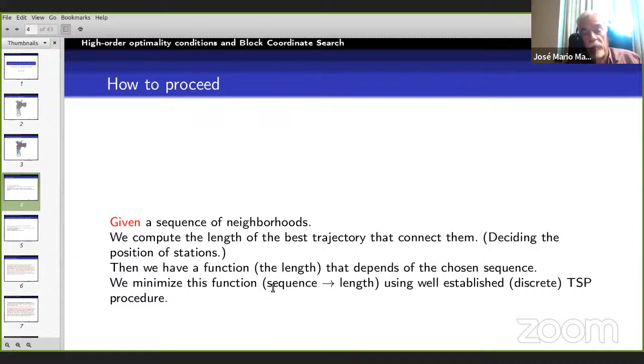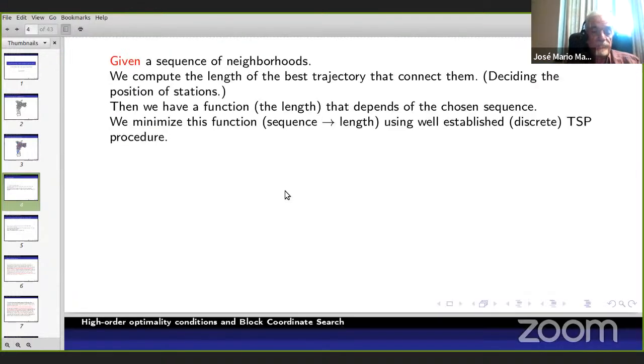The computation of the length depends on deciding the stations. For minimizing this global external function, we are going to use well-established traveling salesman techniques. But computing each station for minimizing the length is a continuous optimization problem, which must be solved each time we need to evaluate the objective function, and for solving it we are going to use coordinate search.